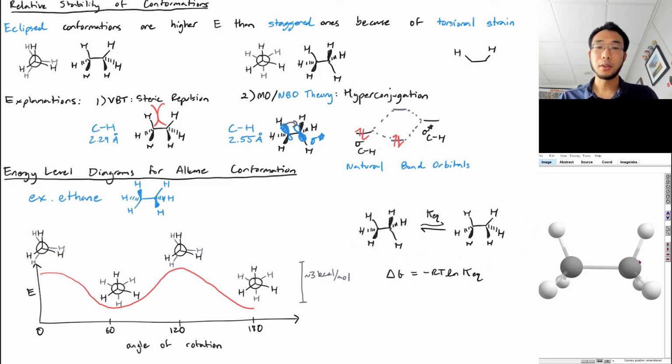And when you do this, that will tell you roughly what ratio of staggered to eclipsed conformation you would have. In this case, the math tells us there is approximately 100 to 1. So if you look at 100 molecules, 99% of them should look staggered. Maybe 1% of the time you might catch it in an eclipsed conformation before it's come back down to the staggered conformation.